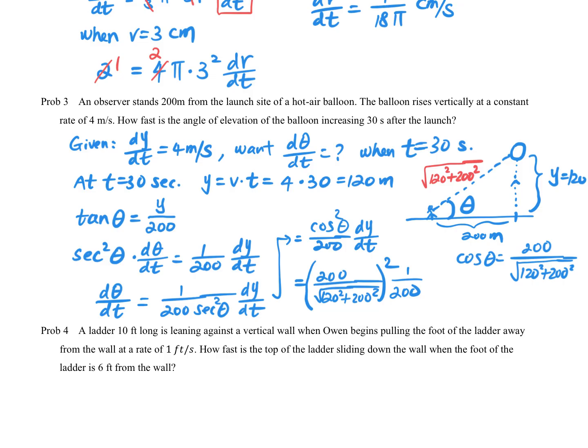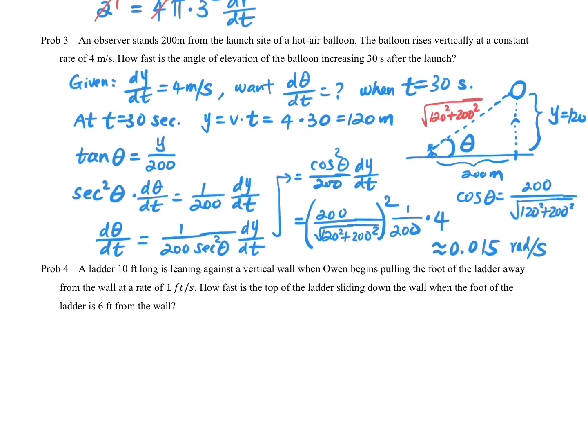So times 4. And using a calculator, this is approximately 0.0147-ish, and the rate units is going to be radians per second. All right, so this is problem number 3.